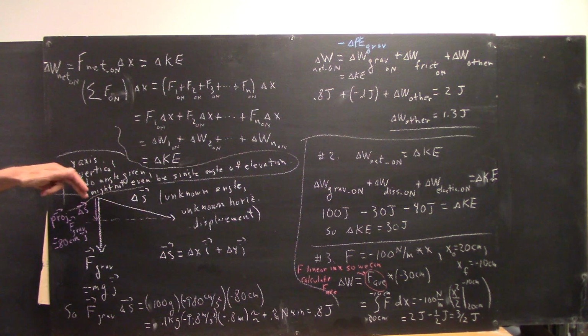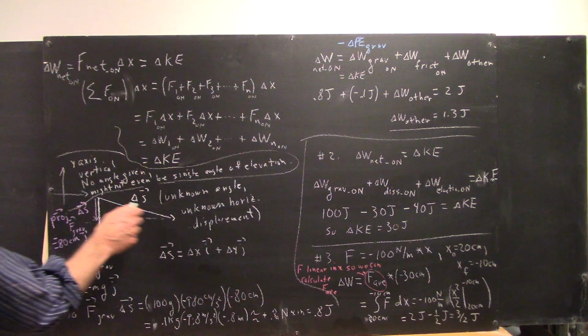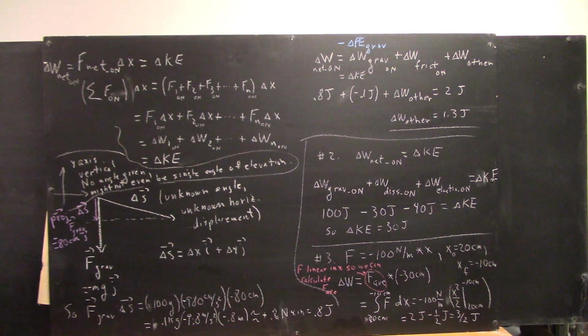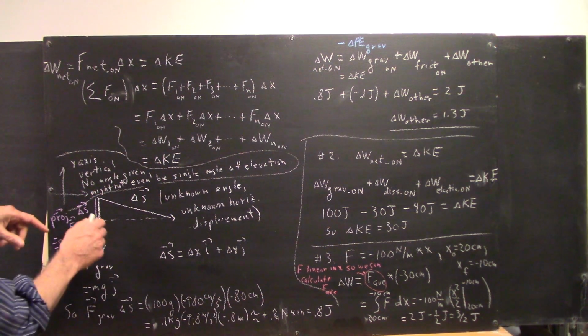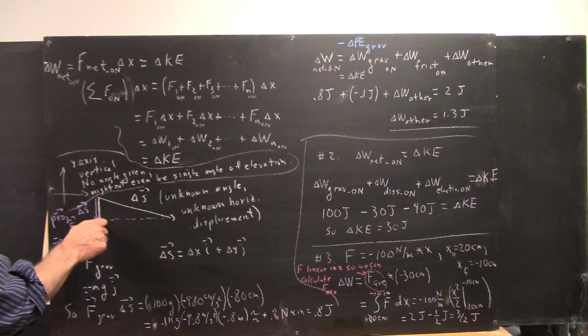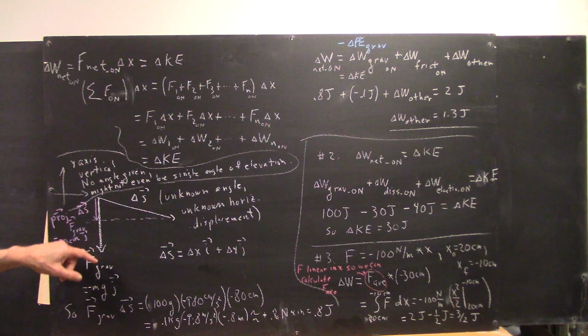Okay, well, whatever the displacement from here to here, if we take our displacement delta S and dot it with our gravitational force, what we're doing is taking the projection of delta S in the direction of the gravitational force and multiplying it by the gravitational force.